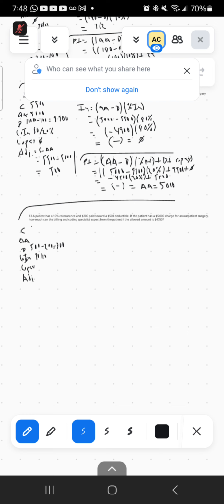Patient has a charge of $5,000. And the allowed amount is 4750. It says from the patient. No co-payment.